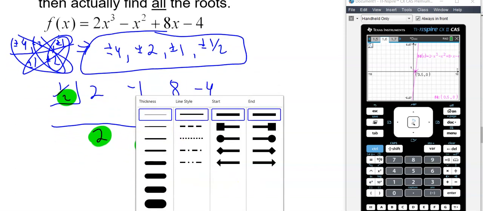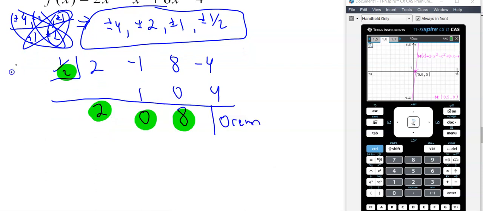Whenever, if it was dividing by 3, you would divide all the quotient answers by 3. So I'm going to divide that by 2, divide that by 2, and divide that by 2. So I get 1, 0, and 4. This is the constant, this is the x, this is the x squared. So I get x squared plus 4 equals 0.